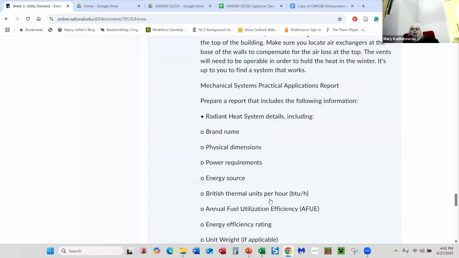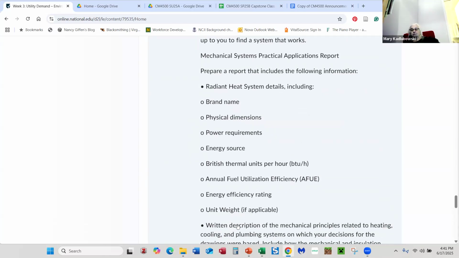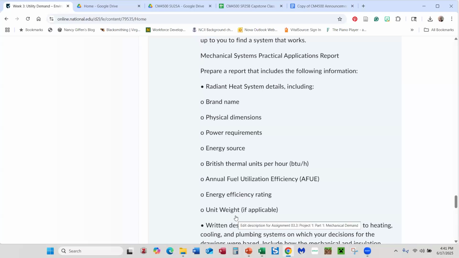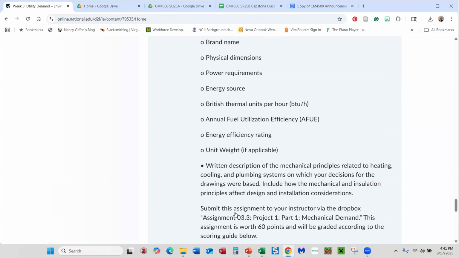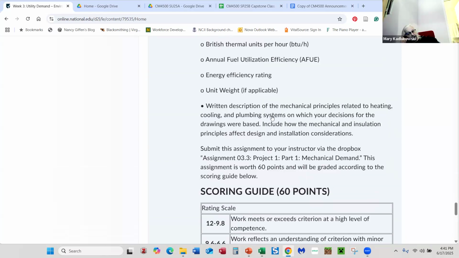You need to actually get the cut sheet on the HVAC system you use. Is it a Carrier or who? And then your thoughts on how you organized the radiant system, right?